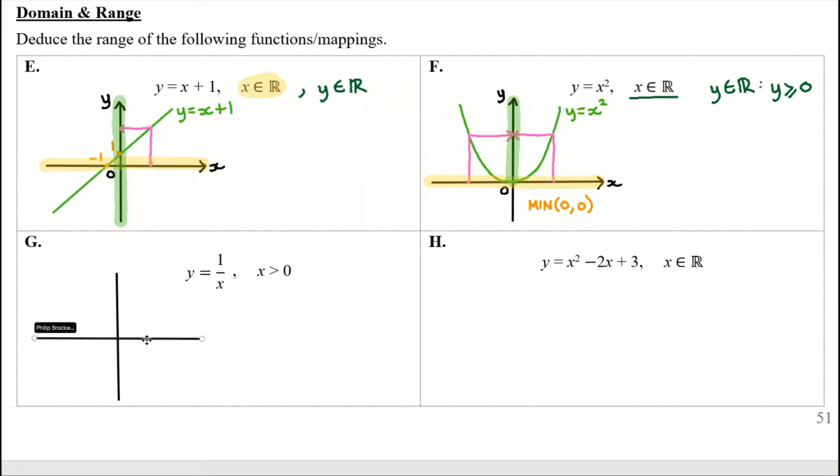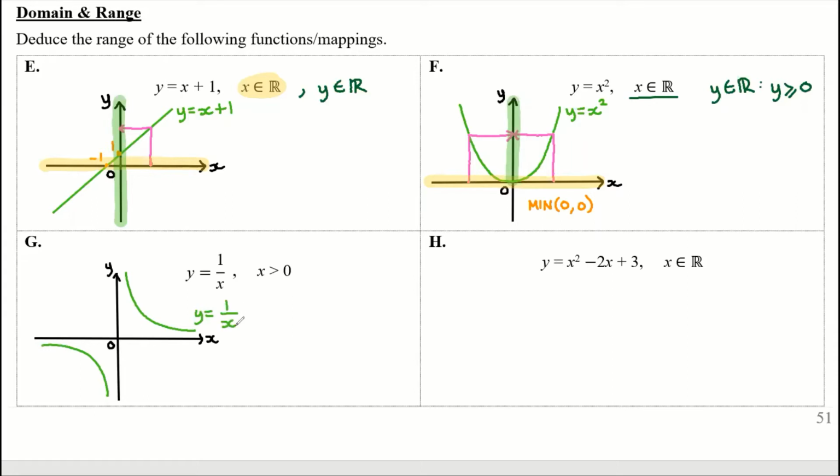So we sketch the graph. It's the two arcs, as you know. And we have asymptotes on the x-axis and on the y-axis. So let's label those. So this is the graph y equals 1 over x.